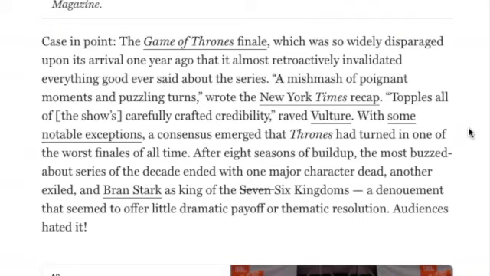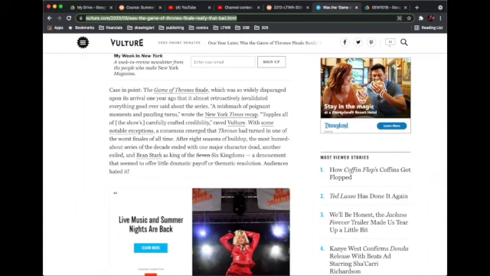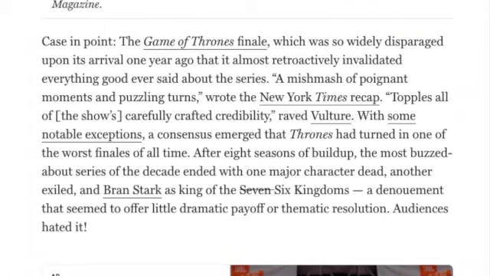It made us rethink and think again. Then another quote comes in, topples all of the show's carefully crafted credibility, raved Vulture. Notice this is Vulture that we're reading this on. So Vulture's quoting themselves. They're saying like, we said this back then, and they're reminding us that they said it. And that's another strategy, is to sort of show us what you said before and then recontextualize it.